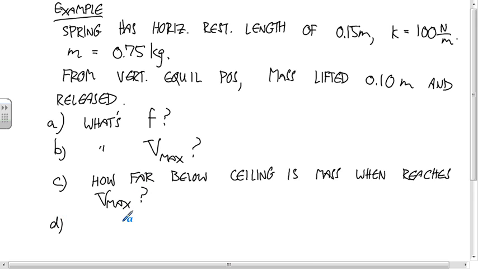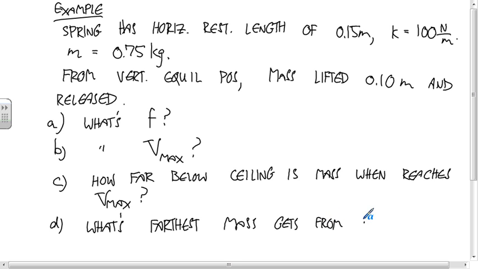And then last, what's the farthest the mass gets from the ceiling? In doing parts C and D, I think it's a good idea to just sketch this out. If you can sketch what's going on, you're a long way toward answering those questions. Okay.